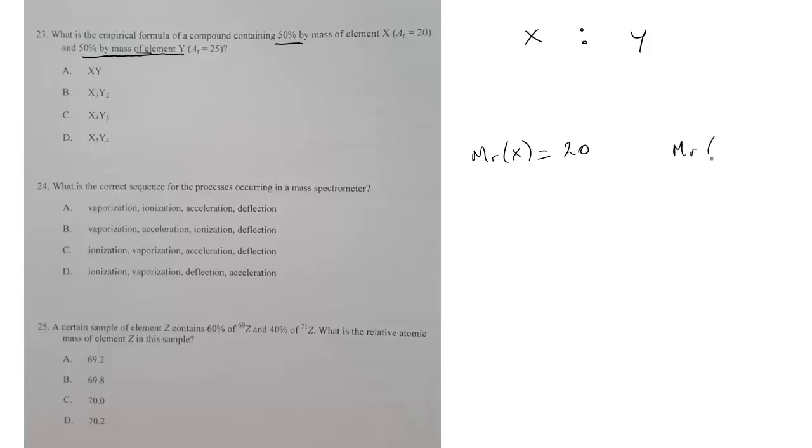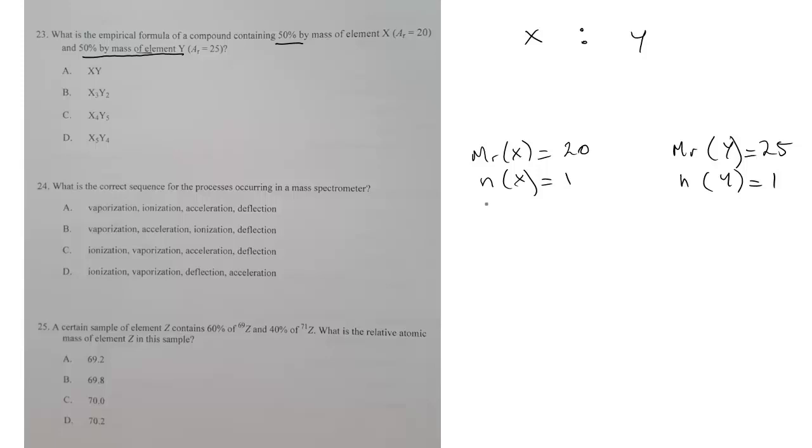The molar mass of Y is equal to 25. Now, what the 50% tells you is you have the same amount. So you can just make up your own amount. Let's say the mole of X is equal to 1 and the mole of Y is equal to 1, because it's the same amount, 50 to 50. If it happens to be different, then these ratios would be different. If it was 40%, this would be maybe 0.4, that would be 0.6. That's how I would change it. But in this case, it's 1 to 1.